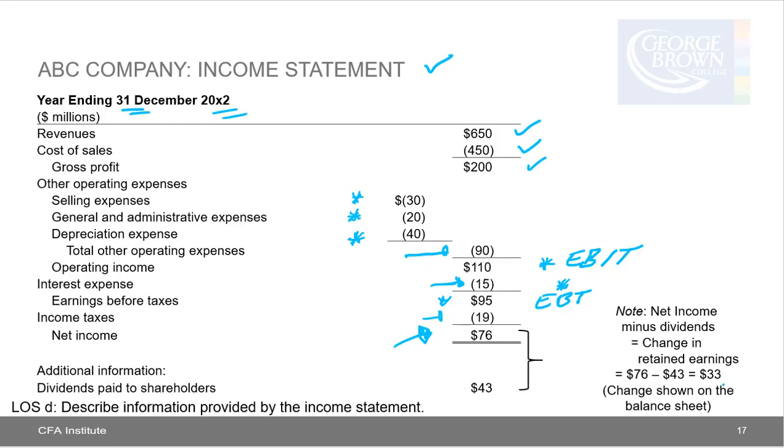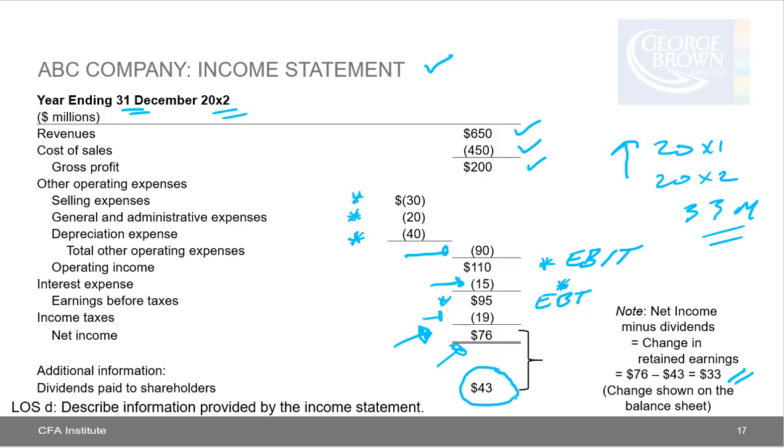But that wasn't the change on the balance sheet in terms of retained earnings. Recall, we said that the retained earnings increased from 20X1 to 20X2 by 33 million. But first of all, we had to look at the income statement. We saw that the net income was 76 million. However, there were dividends paid to the shareholders of 43 million.